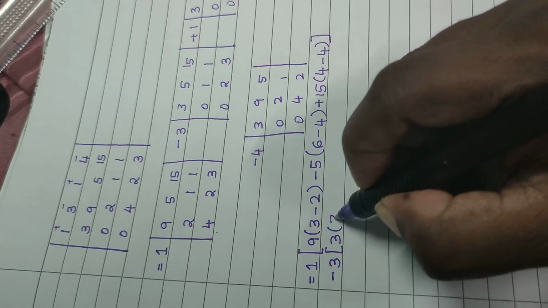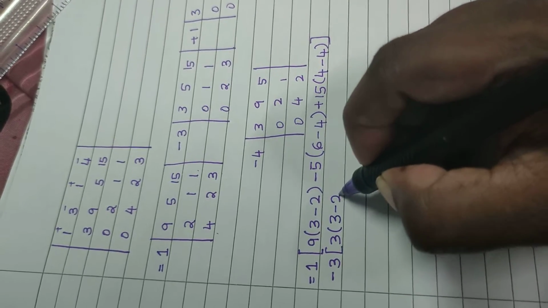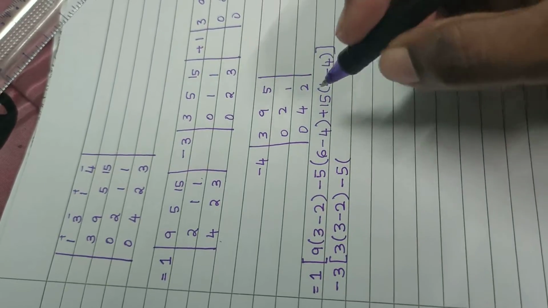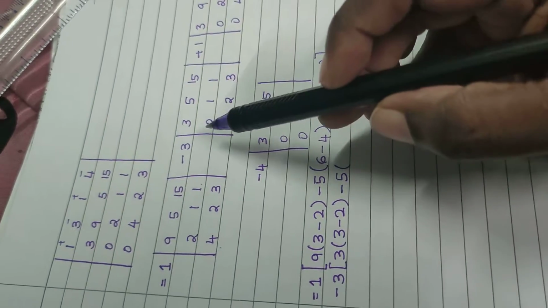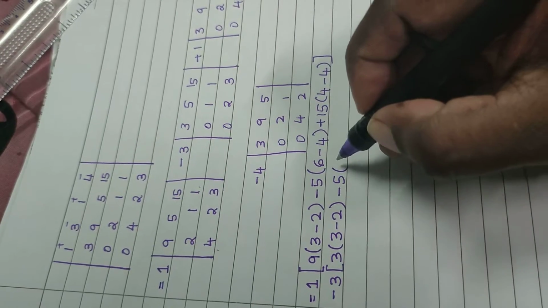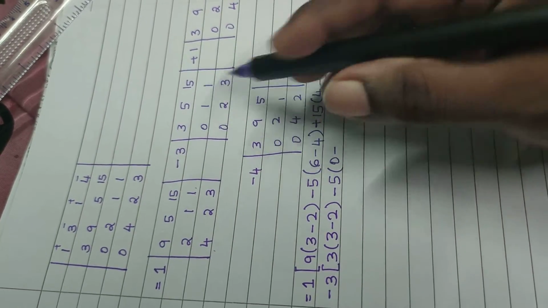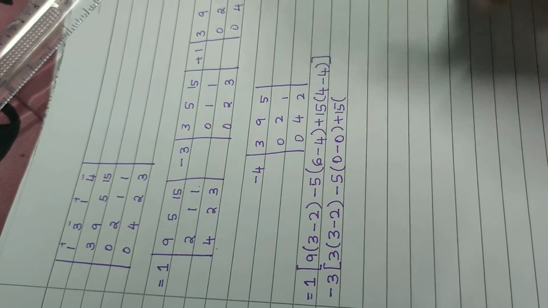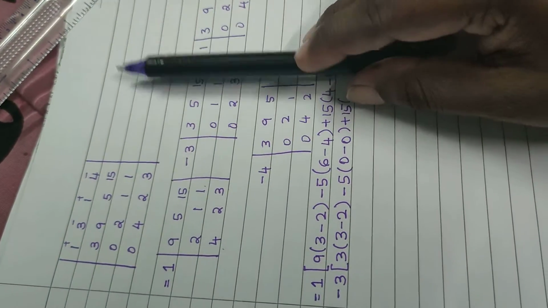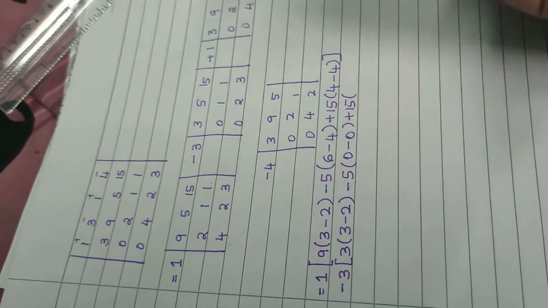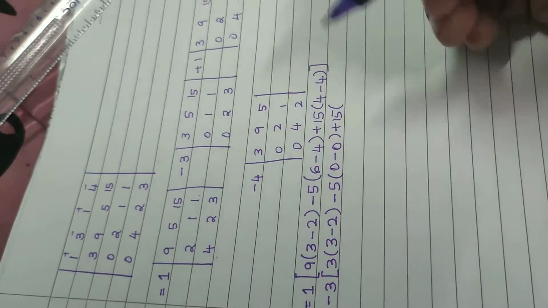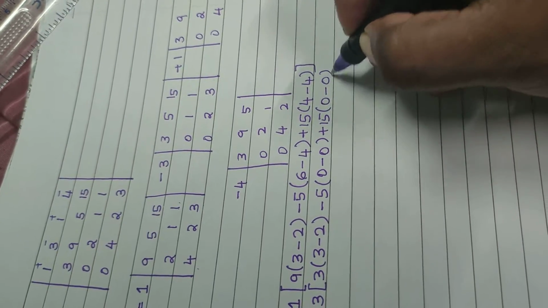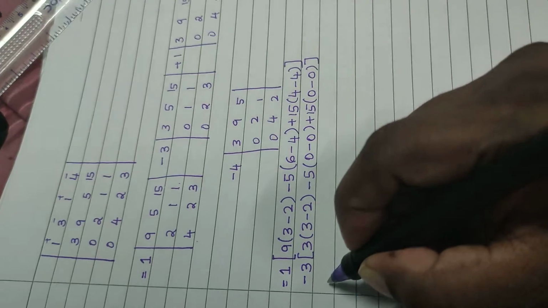That will be 1 into 3, 3 minus 2 into 1, 2, minus 5 into 0 into 3, 0 minus 0 into 1, 0. Now if I close this and this, I have 0, 1, 0, 2. Again 0 into 2, 0 minus 0 into 1, 0. That is my second one.